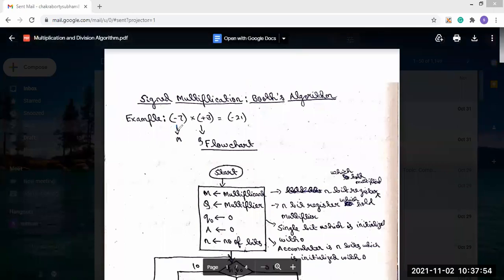Now this is -7. -7 is the multiplicand, that means the number which you are multiplying.